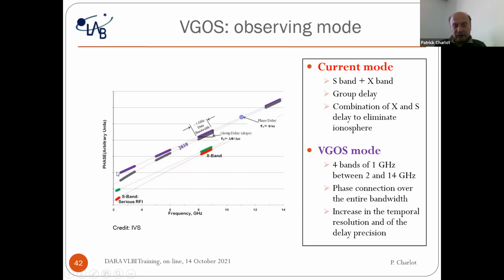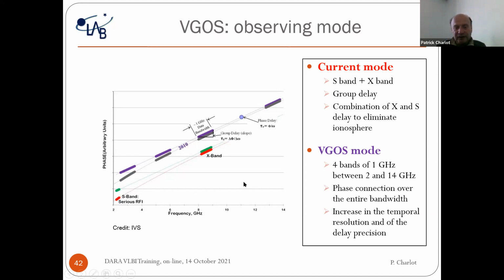And so you have more signal recorded because the width is higher, but you will use also a different scheme to construct the observable using all the 4 frequencies and not just the 2 frequencies, S and X band.